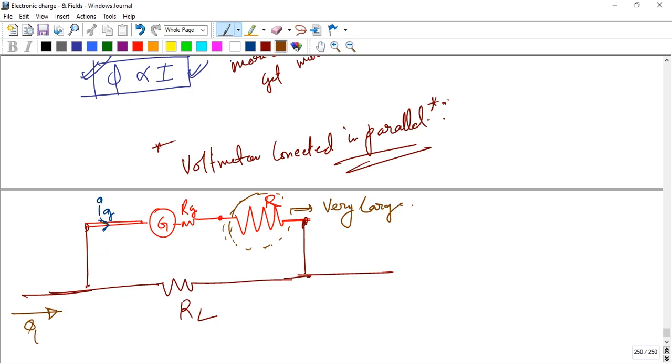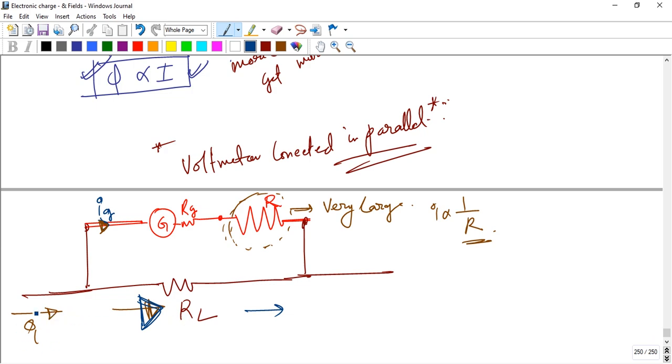Since current I is inversely proportional to R, more resistance gives less current. So the maximum current passes through that load, and the loss of current is almost zero here. That's very important: the circuit current stays the same, not changed.